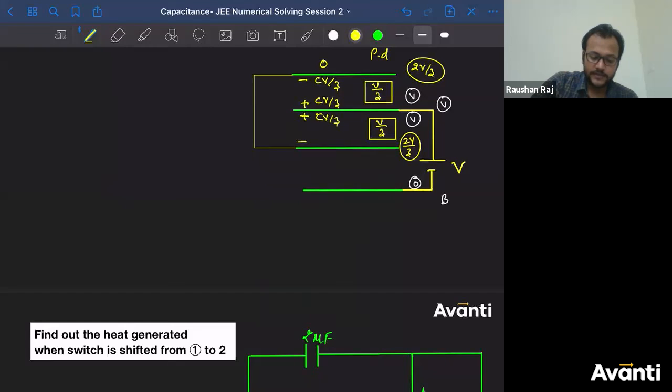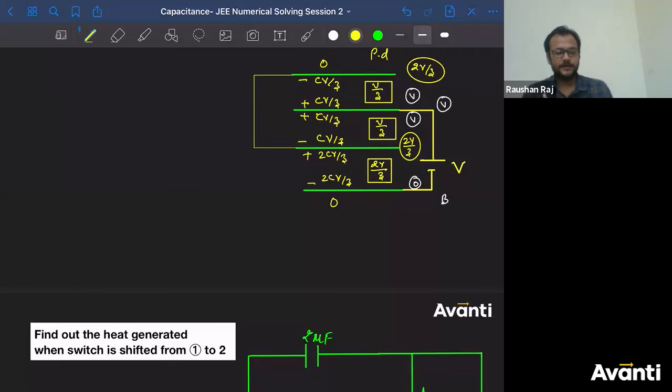So CV by 3, CV by 3. Now, here potential difference is 2V by 3. So 2V by 3. Let me put this in a box. Now, this is having higher potential, this is having lower potential. So positive, negative. 2 CV by 3, minus 2 CV by 3. This is 0. Got it?